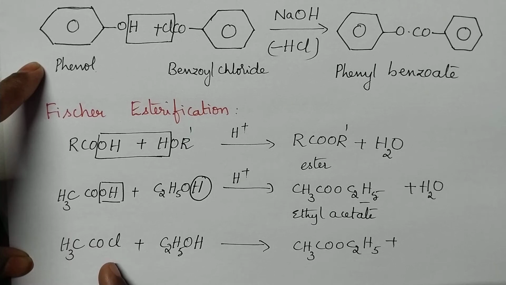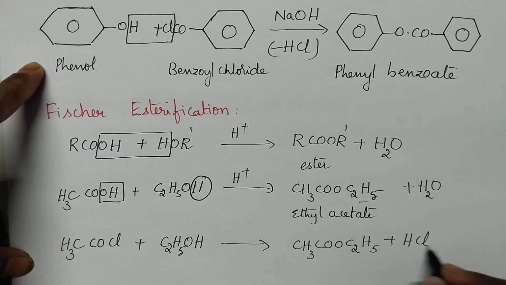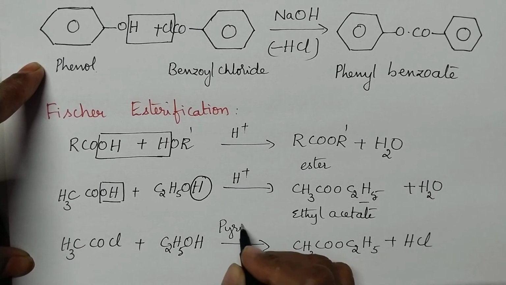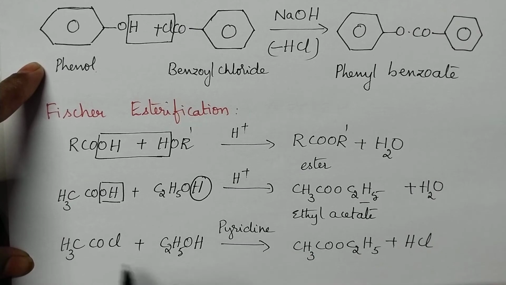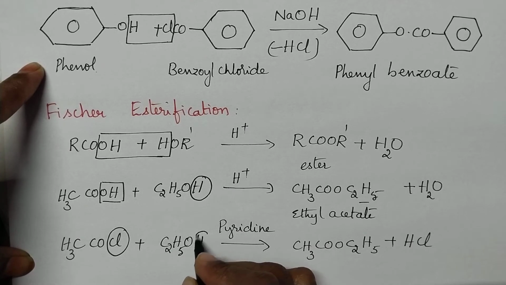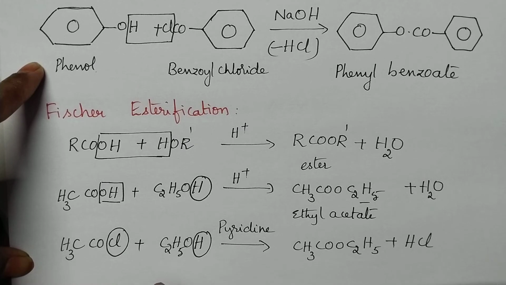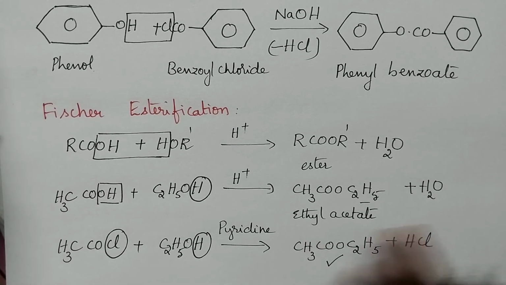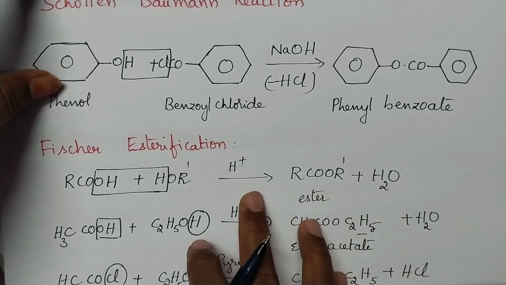Here, which molecule will be eliminated? HCl will be eliminated. And remember that this reaction takes place in the presence of pyridine as the catalyst. So, chloride from the acid halide and hydrogen from the alcohol undergo elimination, and that results in the formation of an ester. Is it clear about the Fischer esterification, students?